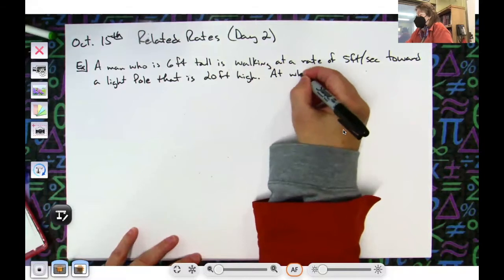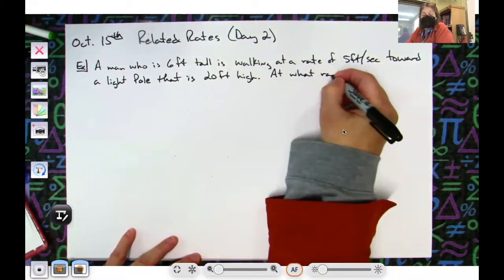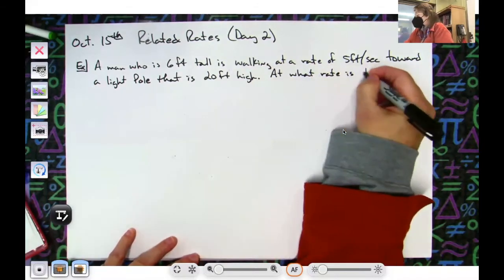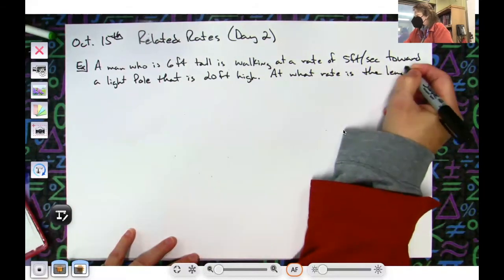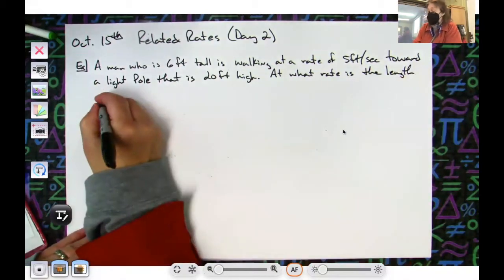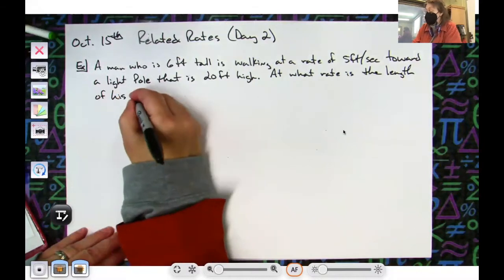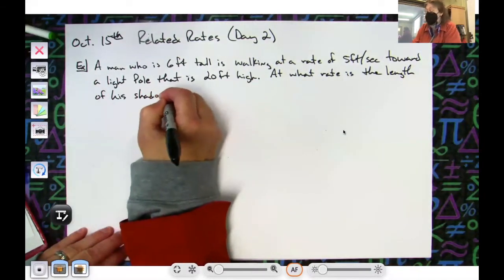At what rate is the length of his shadow changing?